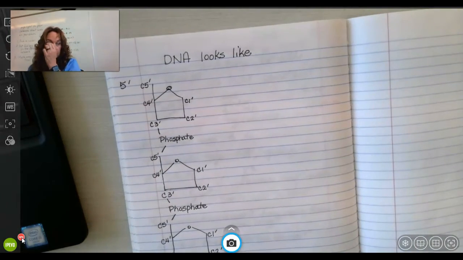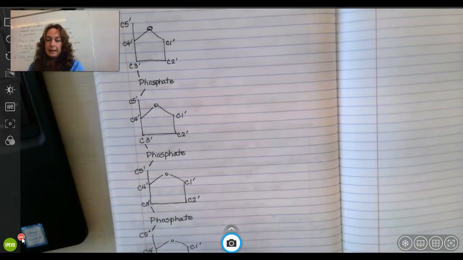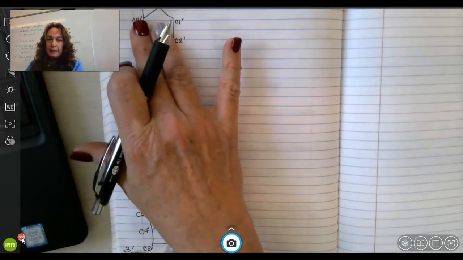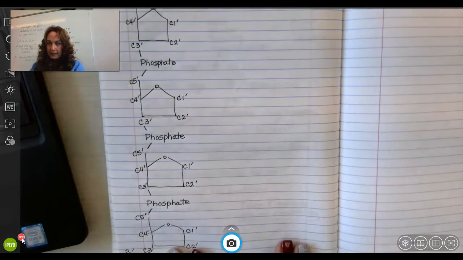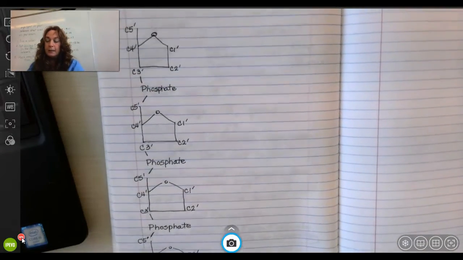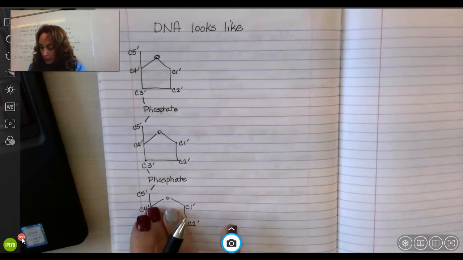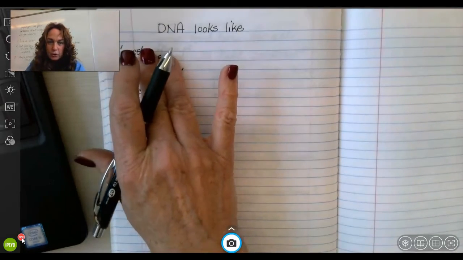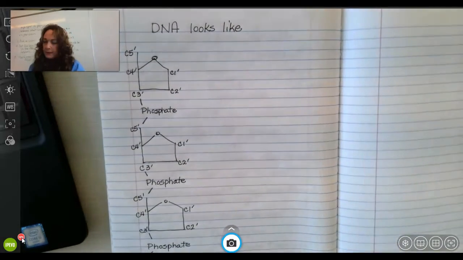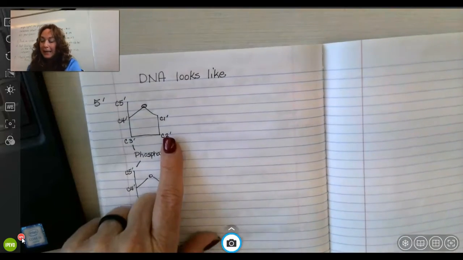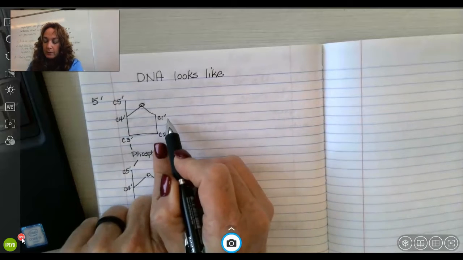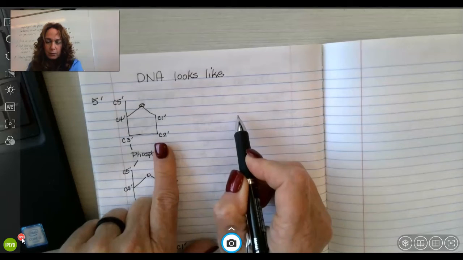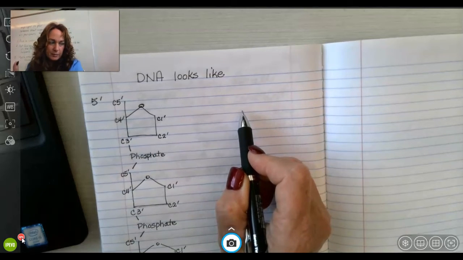So then what I'm going to do is take everything I drew this way, it's like an interstate, and drive it back in this direction, which means all of my sugars pointing in this direction are going to point in this direction. It helps if you stagger the sugars, only because of the bonds we make in the middle with the nitrogenous bases. Trust me on this.